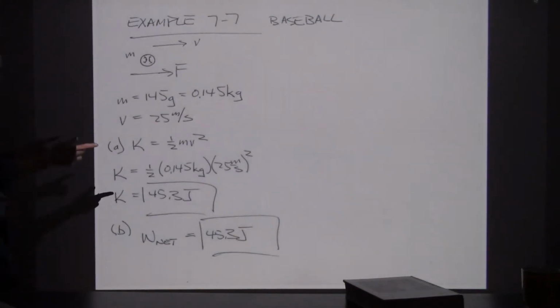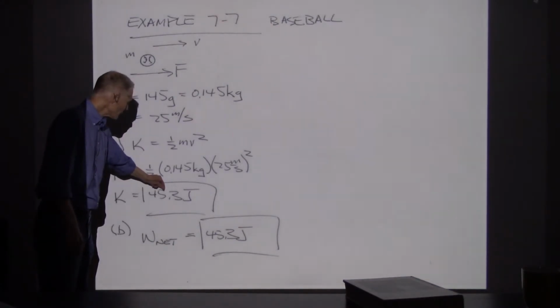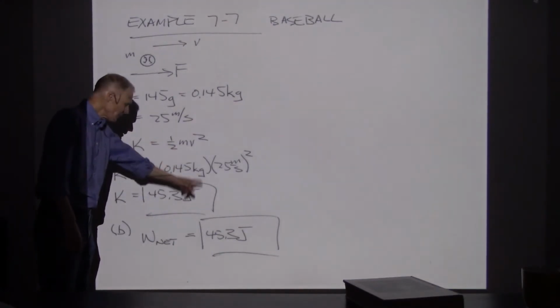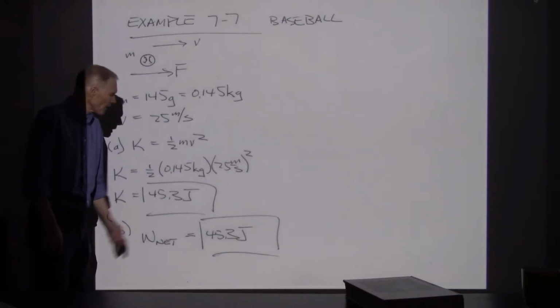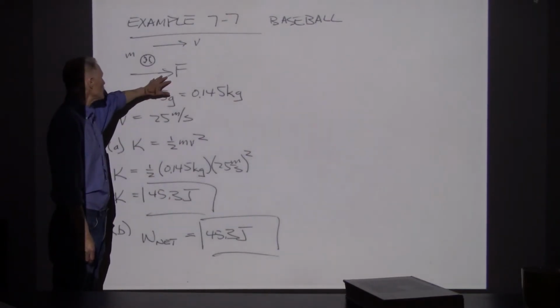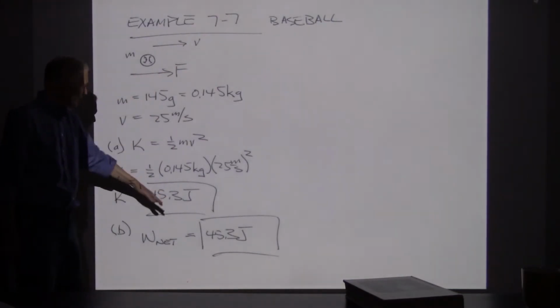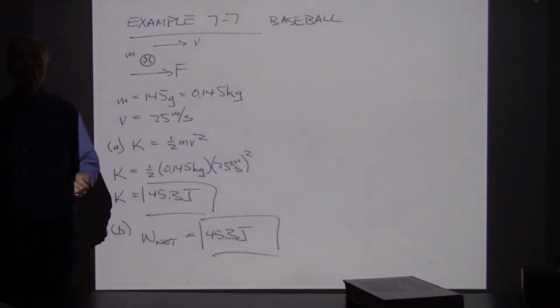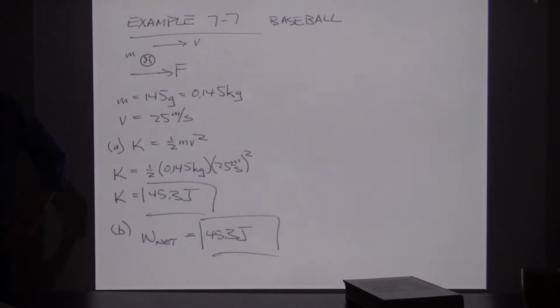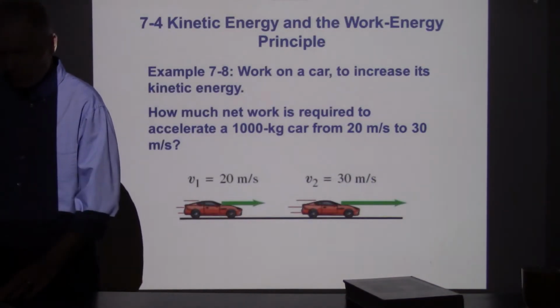At the end of the throw, it has 45.3 joules. This must be the work done by the forces acting on the baseball. If this is the force exclusively in the direction of motion, then all the work was done by that force. That's the force that sped up the baseball in this example.